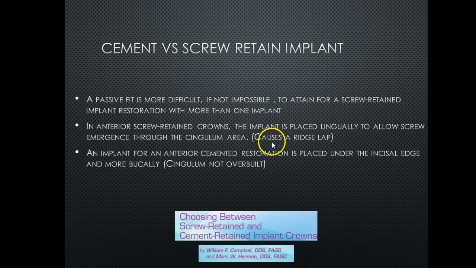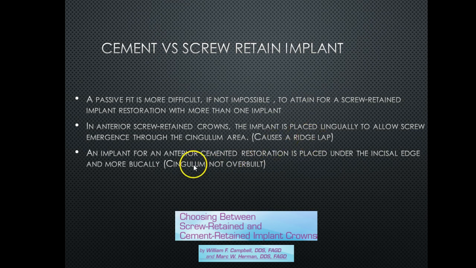The problem with that is it can cause a ridge lap, which could be a problem for hygiene and cleaning it up. Obviously, this is not the problem you have with the cement retain, because you can actually have your cement retain angularly right at the incisal edge, and so you won't have any cingulum or overbuilding of the cingulum, which can lead to ridge lap.